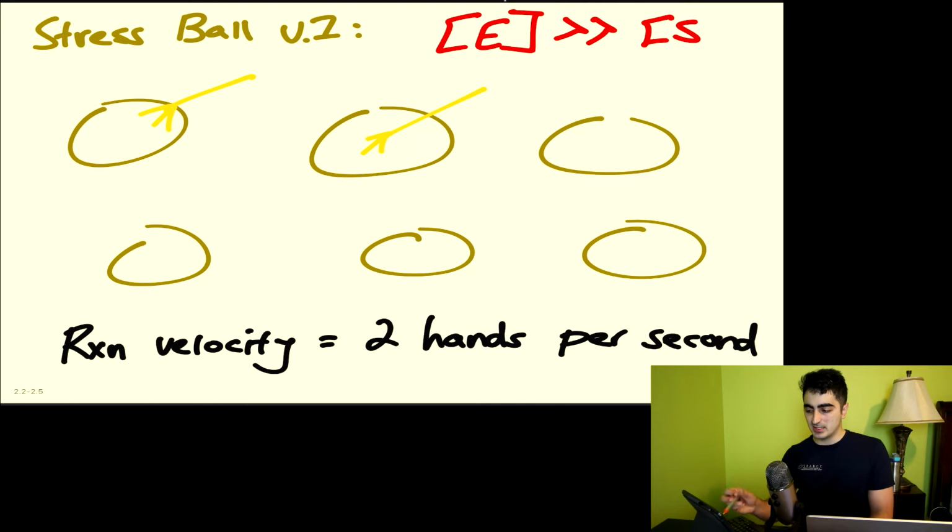You can't really de-stress anymore because you only have 2 hands. So in this case, if we say the ball is the enzyme, we have a lot more enzymes than we do hands, and the hand being the substrate. So in this case, enzyme concentration is much higher than substrate concentration.